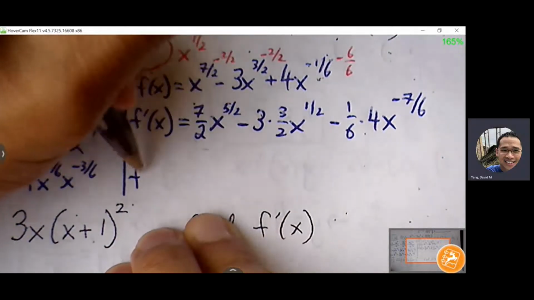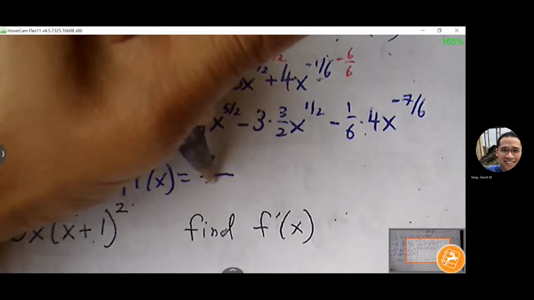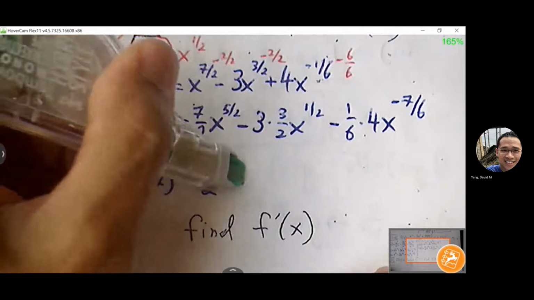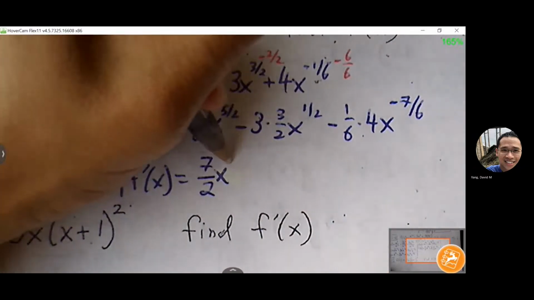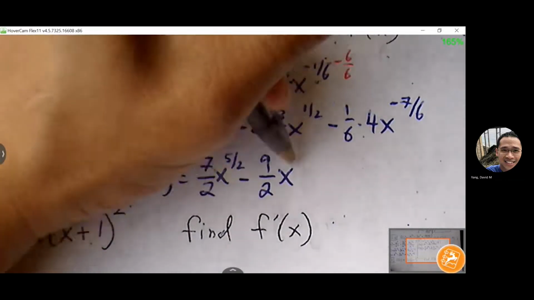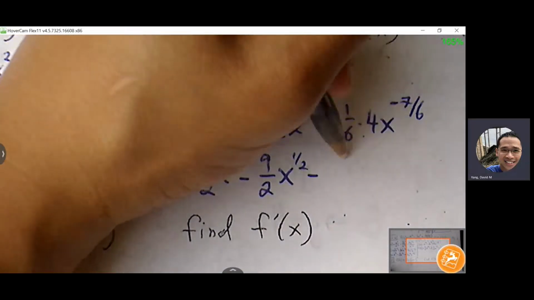Do some cleanup process and merging some of these coefficients together. 4/6 reduces to 2/3.